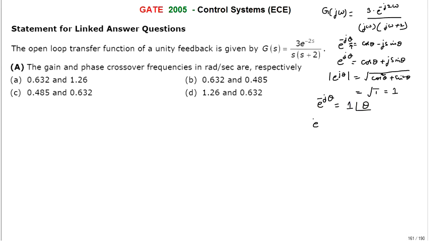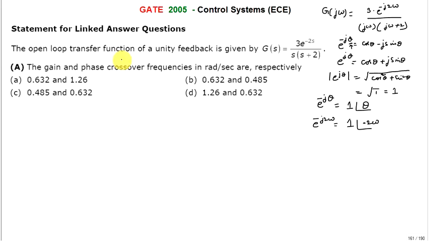Similarly, e^(-j2 omega) has magnitude 1 and minus 2 omega as the phase angle. So the magnitude of e^(-j2 omega) is equal to 1. Using this relation, I am going to express the magnitude as well as the phase relationship of G(j omega).